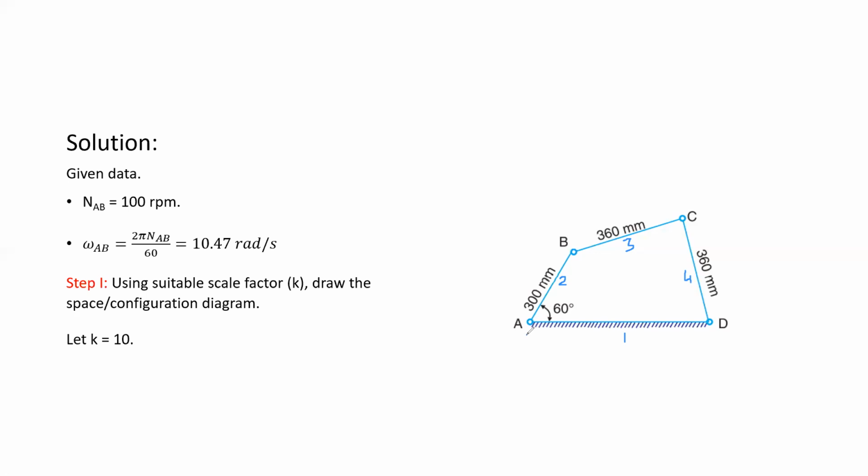So this point will be my point I12. Then here link 1 and 4 are connected, pin jointed. So this is my ICR I14.